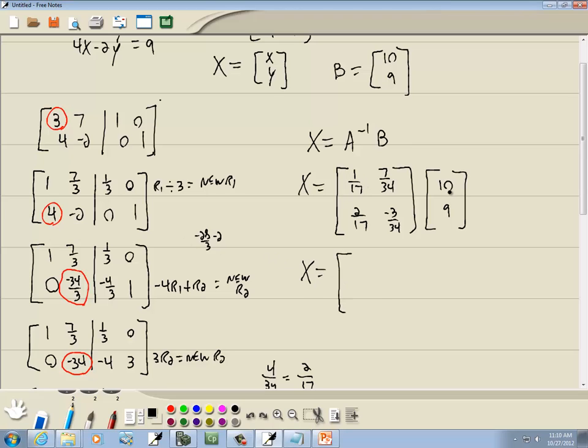So I take 1/17. We're taking this row times this column. So 1/17 times 10. And 7/34 times 9. Then this row times this column. So we've got 2/17 times 10 minus 3/34 times 9.